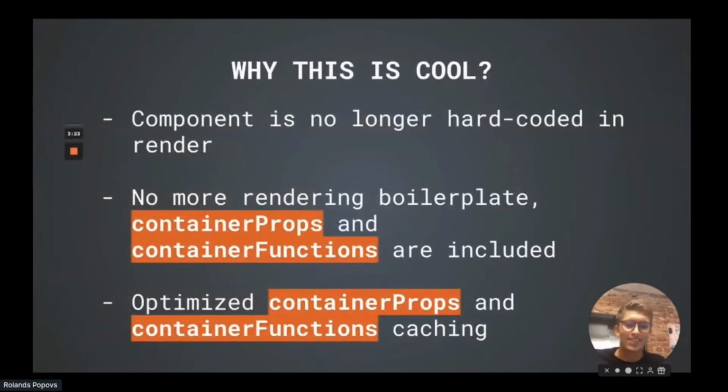Okay, so why is this cool? Why do I think it's cool? Because first of all, I'm no longer hard coding components. Second of all, I'm no longer writing boilerplate about rendering methods and container props and container functions. And what I told was hidden, but still very important, is that now container props and container functions are optimized in order to cache properly, because previously on each call, the container functions were recreated and container props returned a new object, and this new object contained different values that led to some issues.